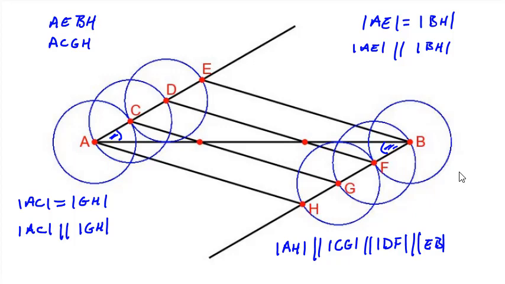And basically what that is saying is that if these parallel lines cut off equal segments on AE and BH, then they will cut off equal segments on any other line that transverses or goes through them. So we know AC, CD and DE are equal to BF, FG and GH. So we have three equal divisions, and any other line cutting through those parallel lines will also be divided up into that many equal divisions. And that is why we can say this construction is valid.